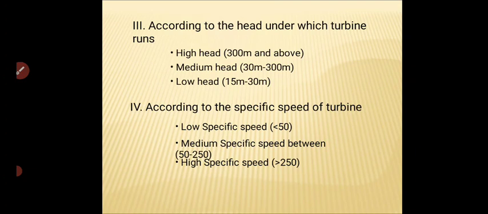The example of a low specific speed turbine is the Pelton wheel. The example of a medium specific speed turbine is the Francis turbine. The example of a high specific speed turbine is the Kaplan turbine and propeller turbine.